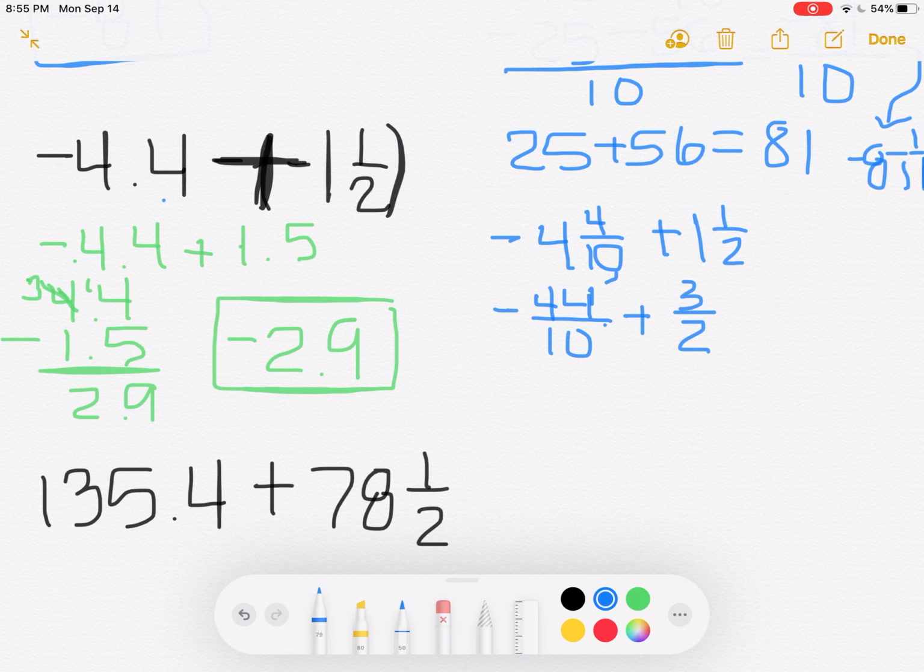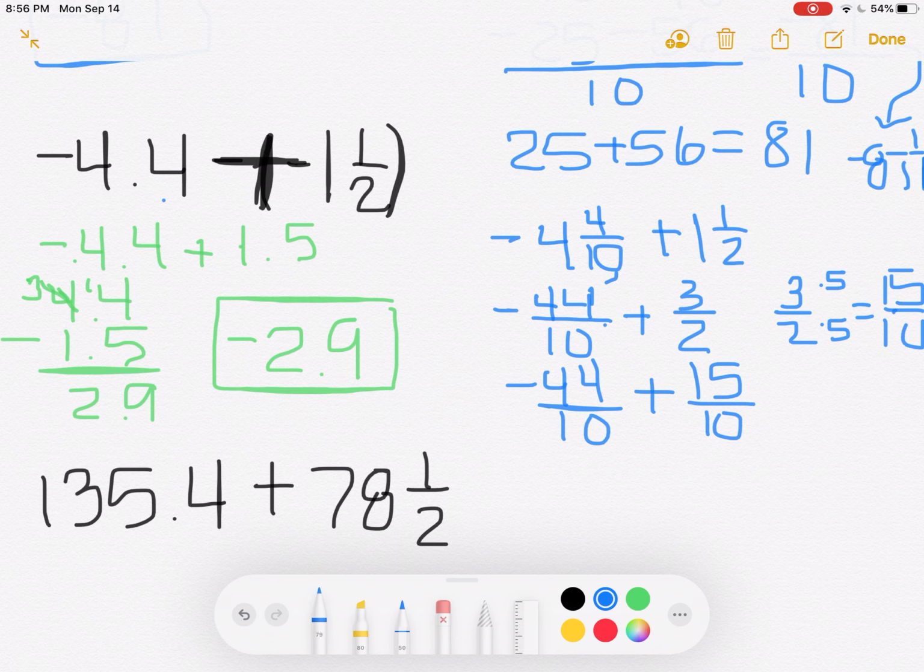So I'm going to do some side work here. In order to do that, I have to multiply my numerator and denominator by 5, right? 2 times 5, I get 10, and 3 times 5, I get 15. Okay, so we can rewrite this as negative 44/10 plus 15/10.